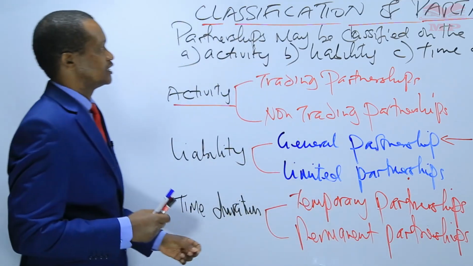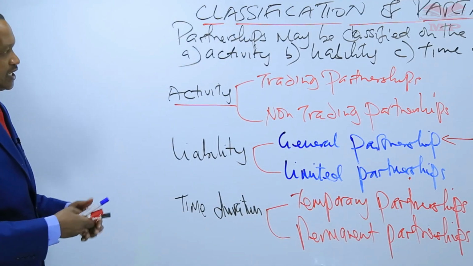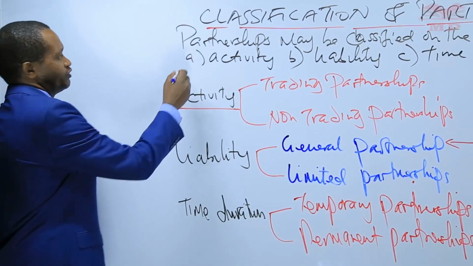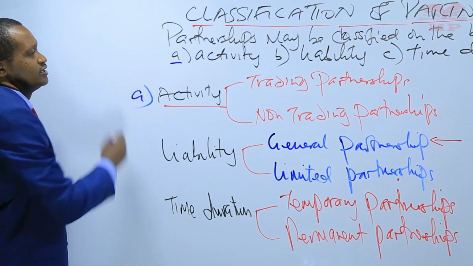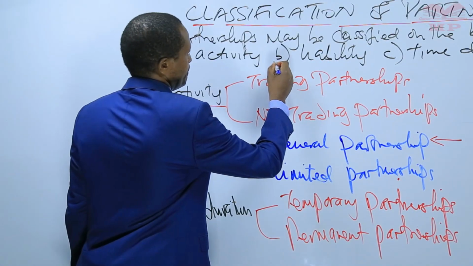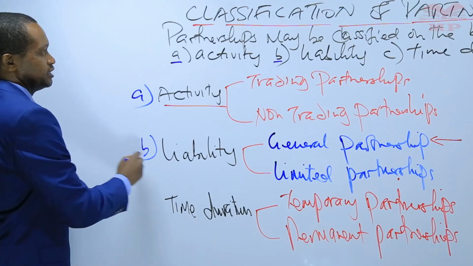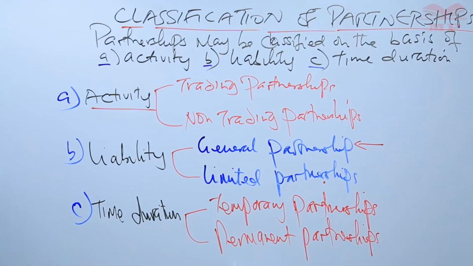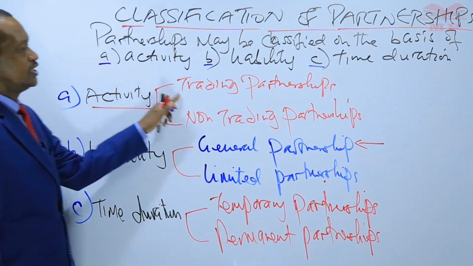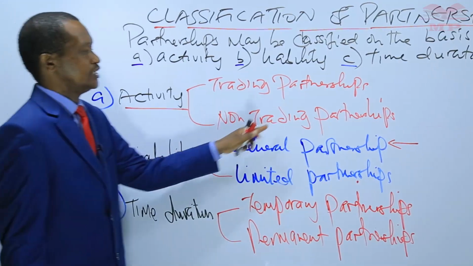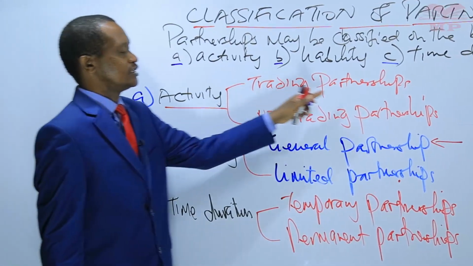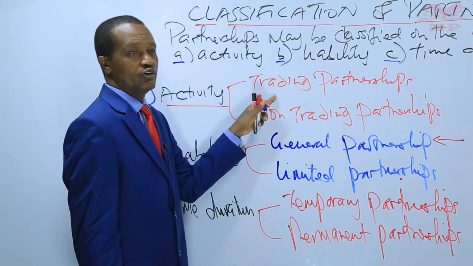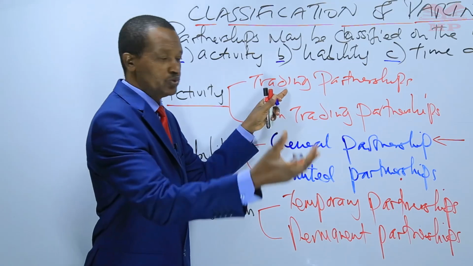So these are classifications of partnerships. We've said they are classified on the basis of activity, this is A, and liability, that is B. Then we have time duration, C. Under activity, we have trading partnerships and non-trading partnerships. Trading partnerships engage in the buying and selling of tangible goods.